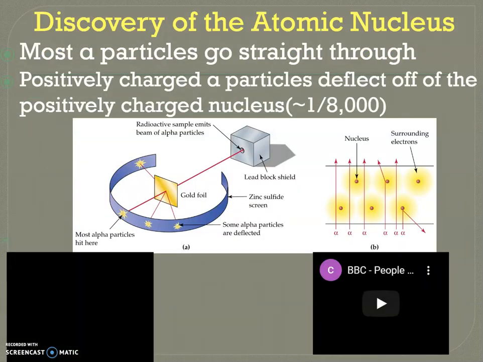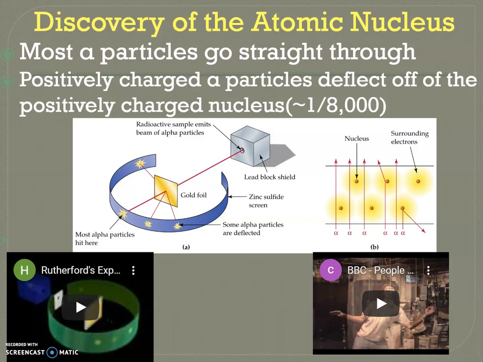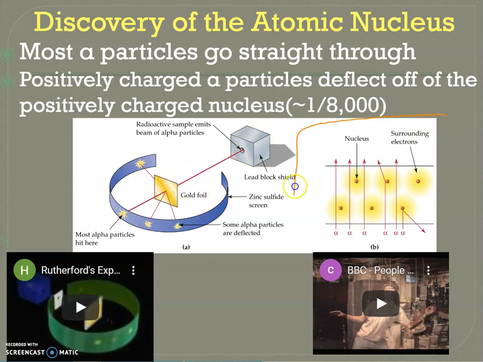So this updated and changed J.J. Thomson's plum pudding model. Here we have another depiction of this, just flipped in the other direction. But what I really like it for is this section right here, because if you zoom in on the gold foil, you'll see that these alpha particles mainly go straight through, until they get really close to this positively charged nucleus, and then they deflect.